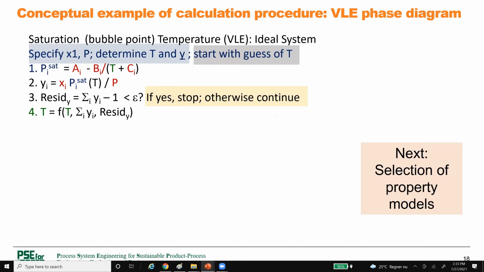So we are given the liquid composition and the pressure, and we want to calculate the temperature and the vapor composition.